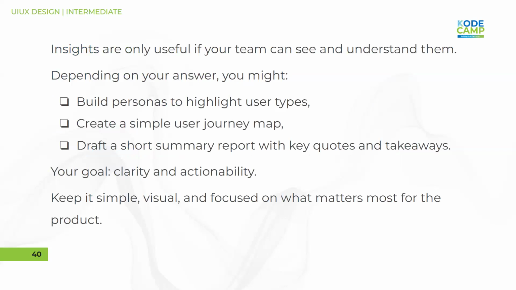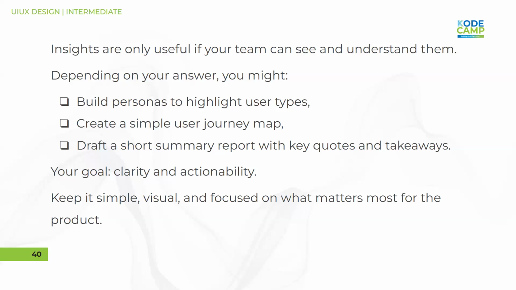So you might want to build personas to highlight user types. You might want to create a simple user journey map. Then you can also draft a short summary report with key quotes and takeaways. All right, so your goals here have to be clarity and actionability.